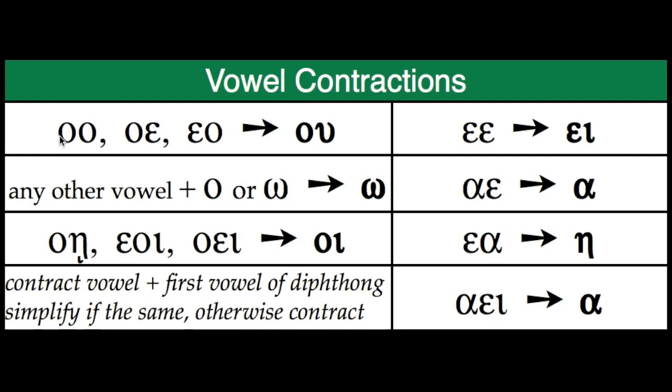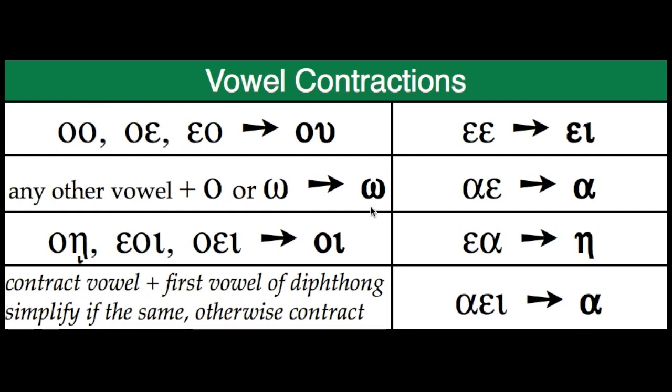But okay, when you have an omicron, omicron, omicron epsilon, or epsilon omicron, those will turn into omicron upsilon. Any other vowel than epsilon plus an omicron or an omega becomes an omega. Mounts calls this the big bully rule, but omicrons and omegas tend to swallow things up, except for epsilons and themselves. See, they can't swallow themselves up.